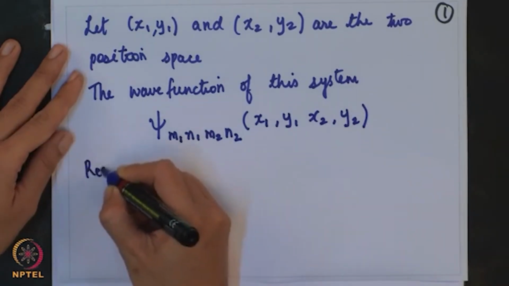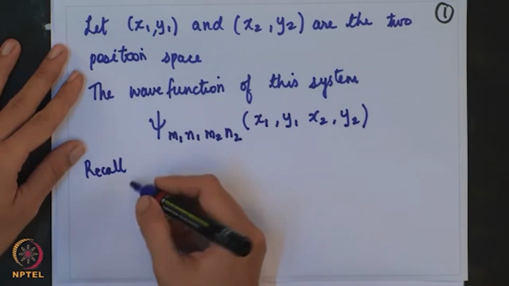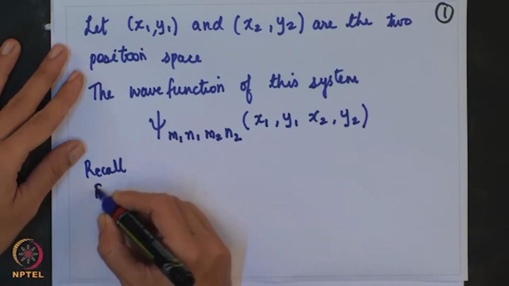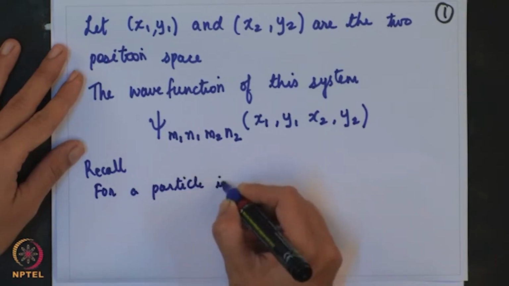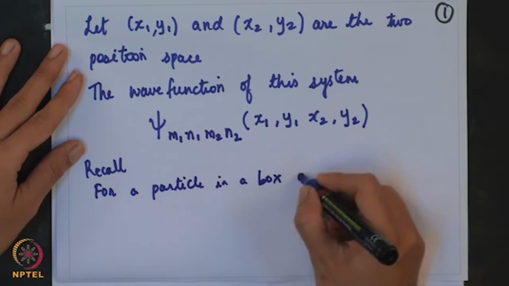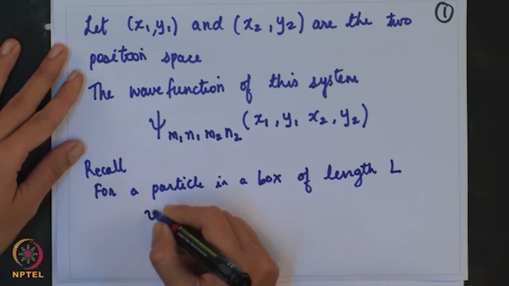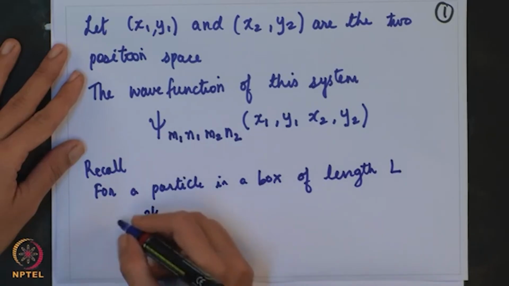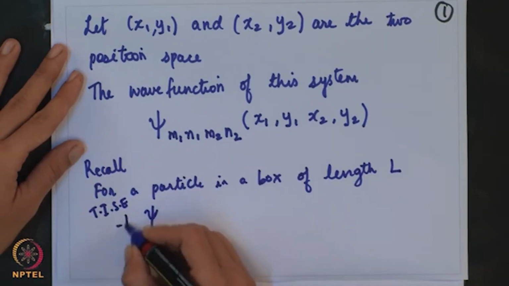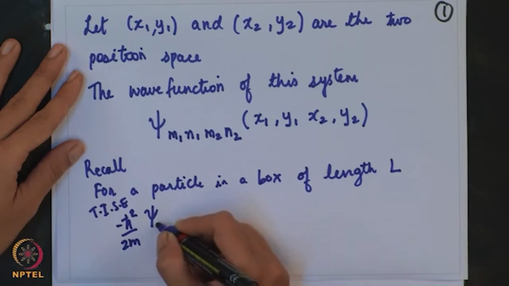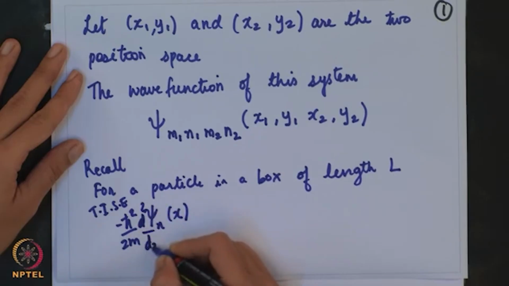Before we go to finding the wave function and energy, recall for a particle in a box of length L, the time independent Schrodinger equation was given by minus h cross square upon 2m d square psi n x by dx square.